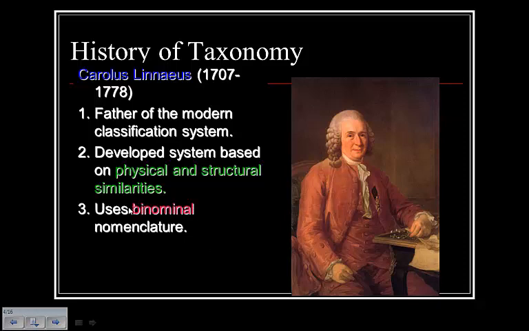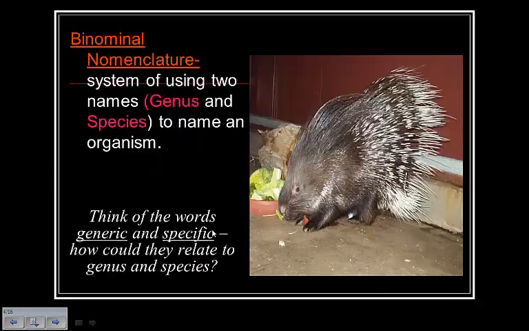And it uses this concept of a binomial nomenclature. At this point, you know the prefix bi is what? Bi means two, and nom is for name. So it uses this two-name nomenclature system.